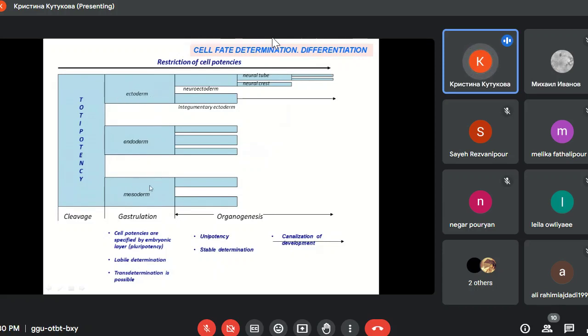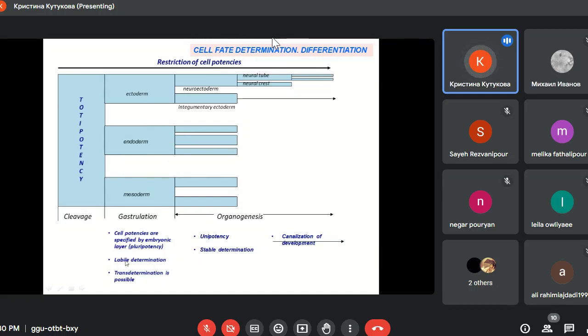So the number of ways of development is lower than in blastomeres, so it is called restriction of potencies. Restriction means cutting off the potencies. So the cells of mesoderm cannot develop into the cells of ectoderm, and vice versa.